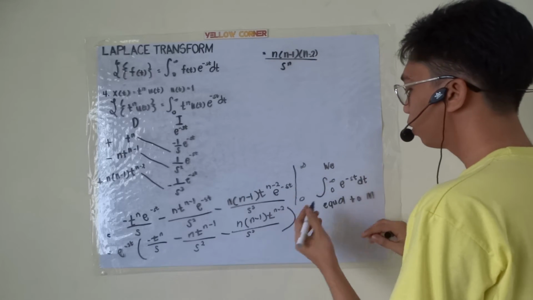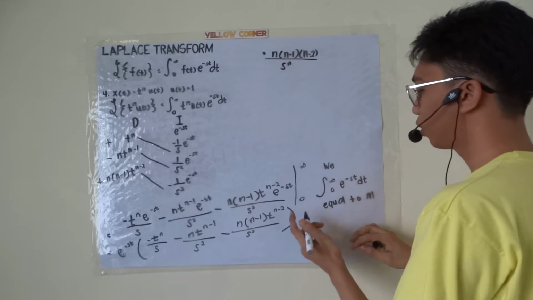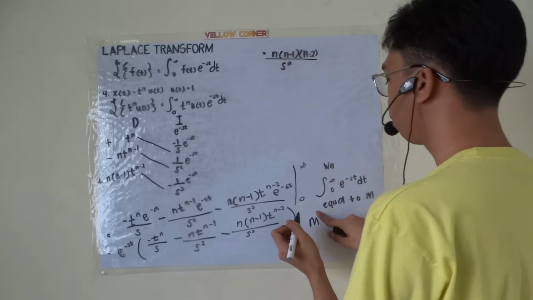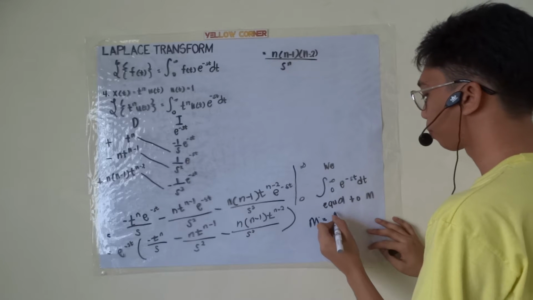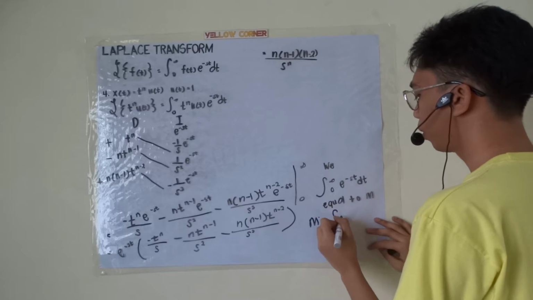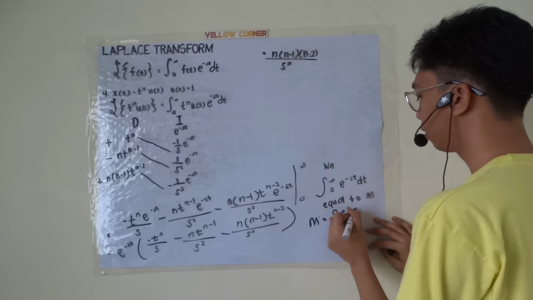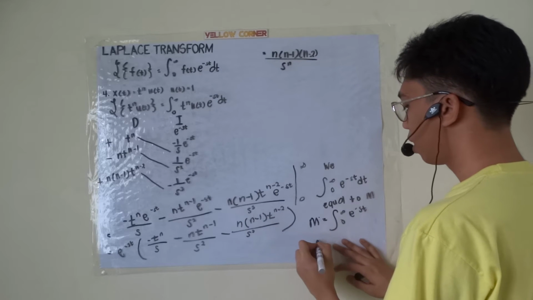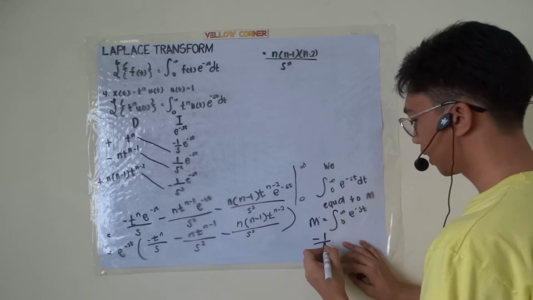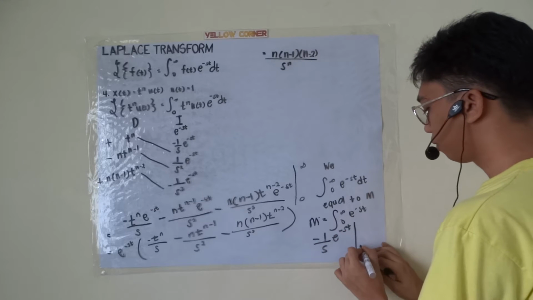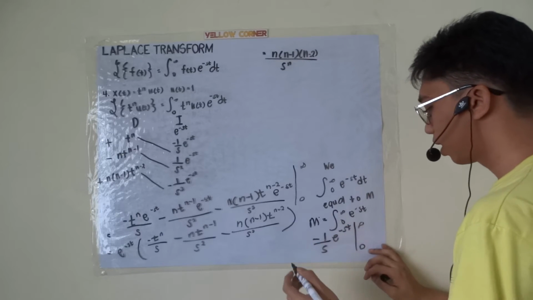And evaluating our m, it will be equal to the improper integral of e raised to negative st. So we'll have negative 1 over s e raised to negative st, limits of 0 to positive infinity.